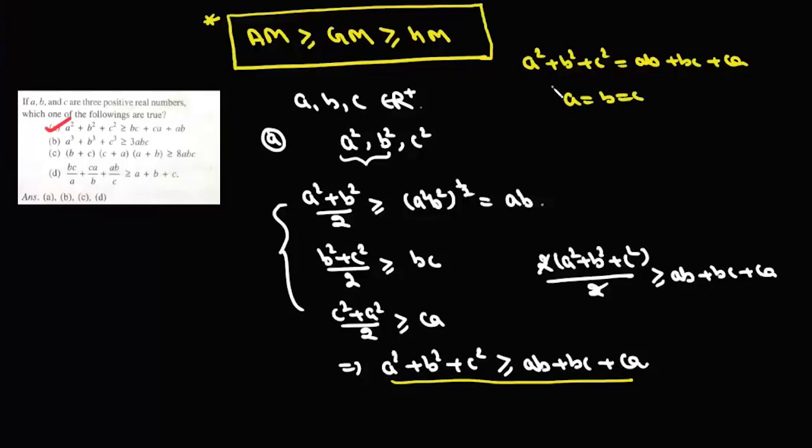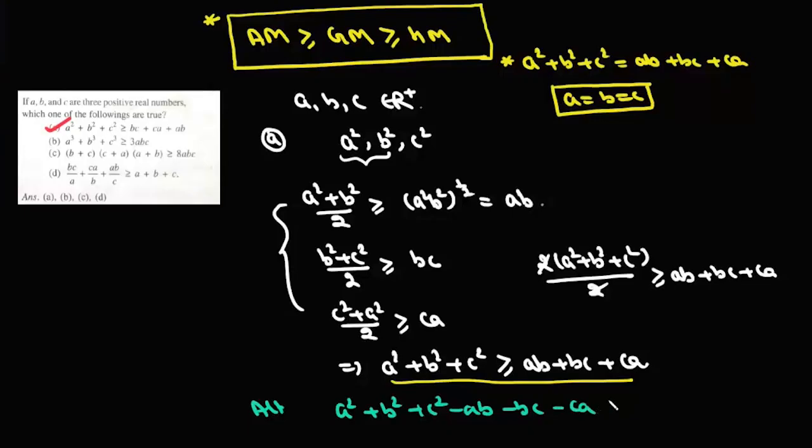So from here we'll get the condition that A must be equal to B, which must be equal to C. So if we have this strict equality, then all three numbers will be the same. Another way to solve the same question is, we can write this as A square plus B square plus C square minus AB minus BC minus CA.